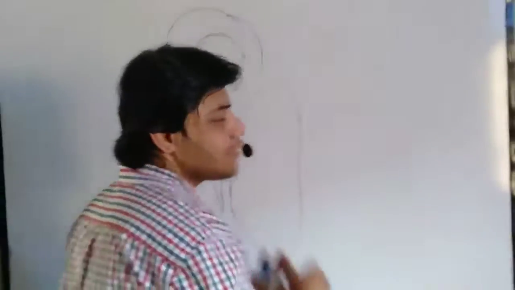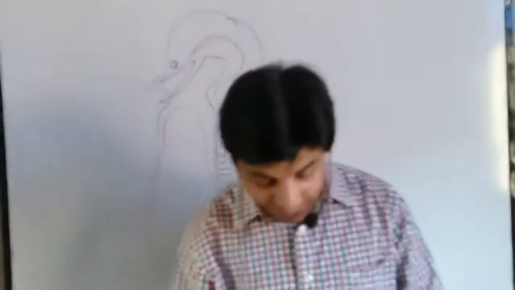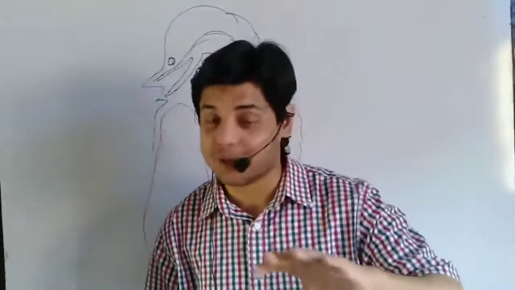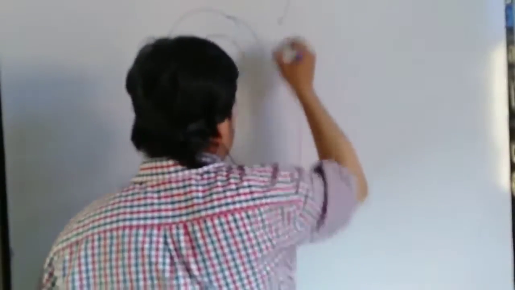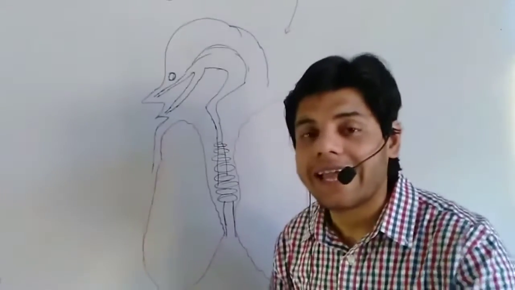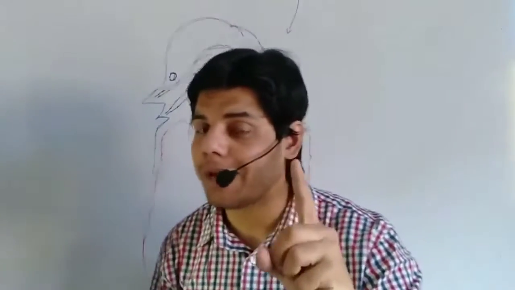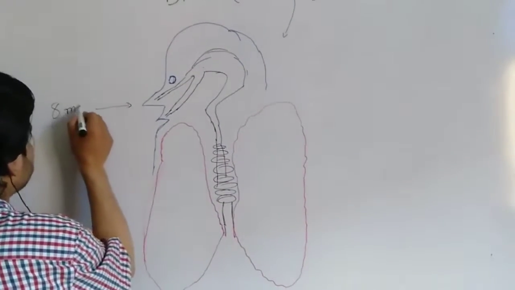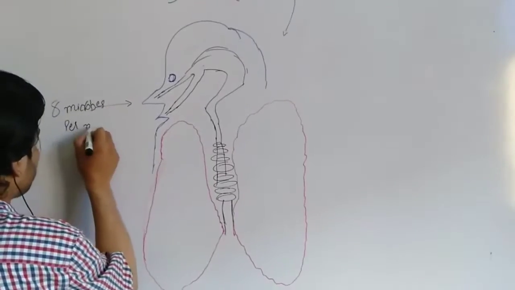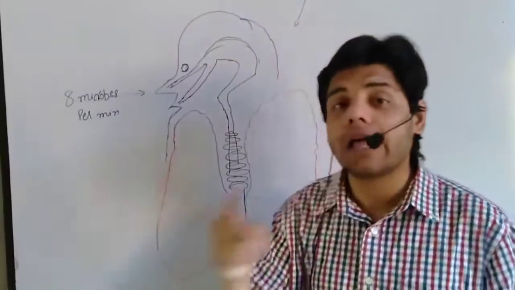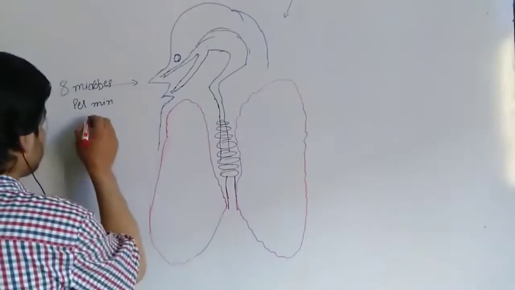Let's say this is the respiratory system of the human being. Although it is not the correct structure and not the real diagram, it is just for your understanding. So let me write, it is the respiratory system. Now the respiratory system of the average person can inhale almost 8 microorganisms per minute. So per day they usually inhale 10,000 microorganisms.